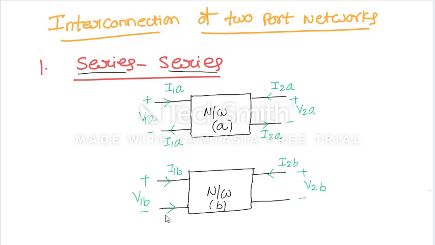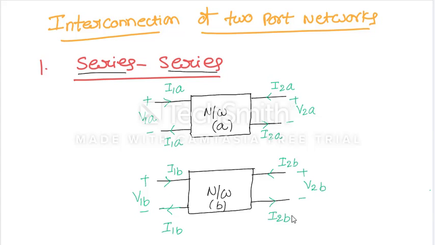Sorry, this is the returning current now. The returning current is I1B, and this returning current is I2B. This is the scenario.